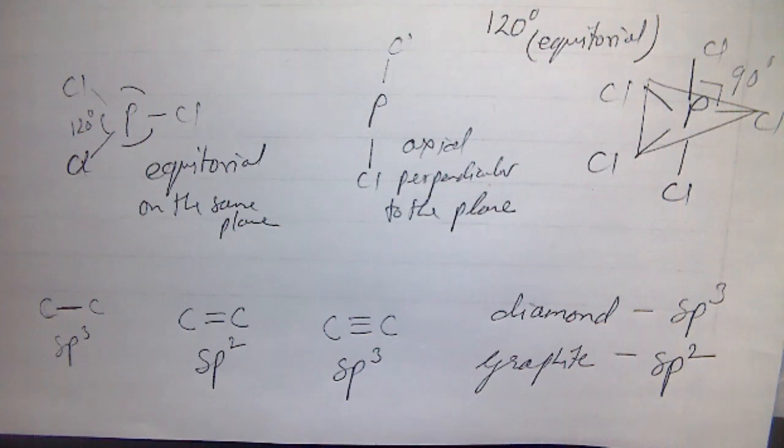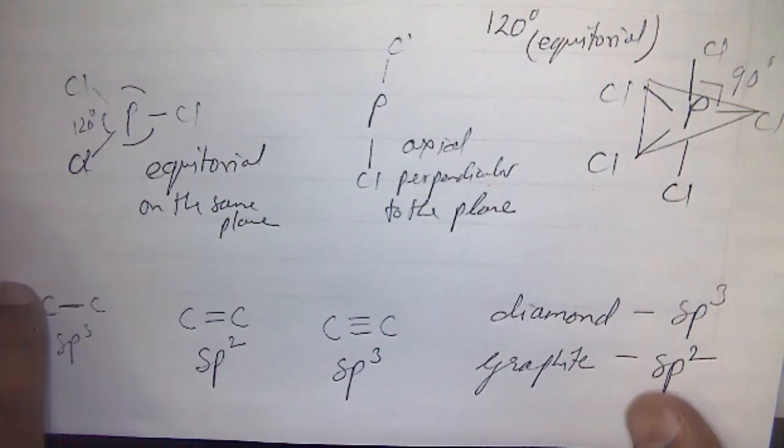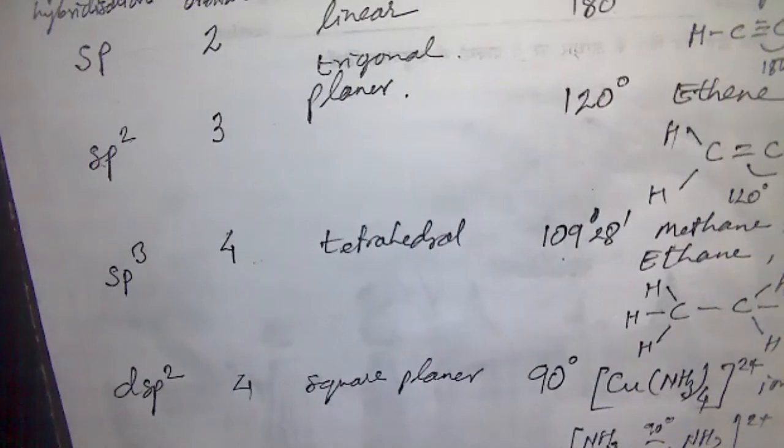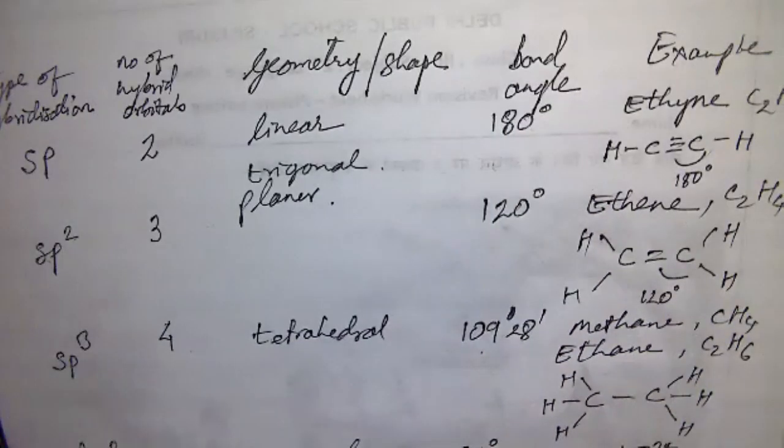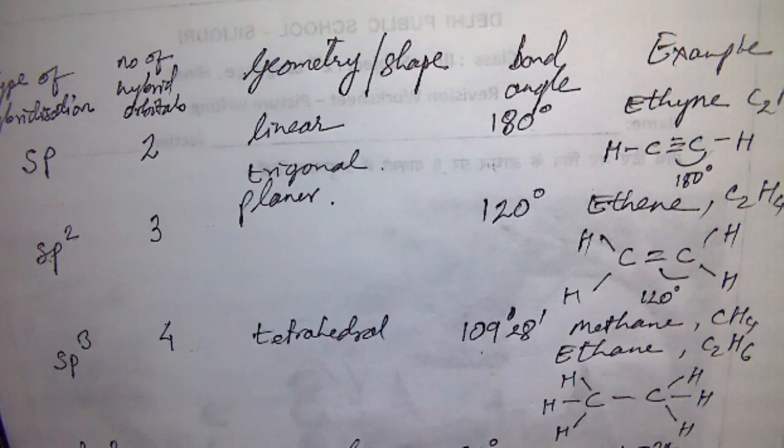I'll quickly show you once more. So you have the different types of hybridizations. What are they? You have sp hybridization. It has two hybrid orbitals. It is linear. Angle is 180. Ethyne is an example. The other one is sp2. Three hybrid orbitals, isn't it? That means three atomic orbitals are combining.